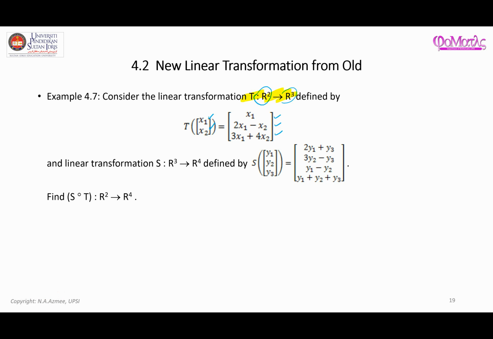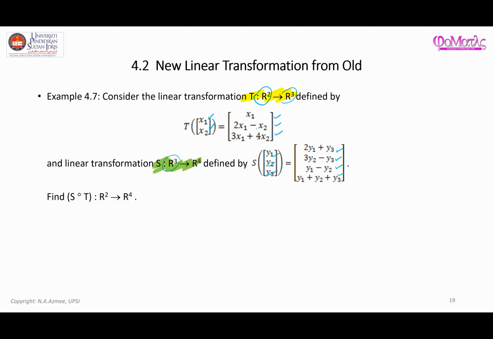And then we have another transformation defined as S. Here the input is a vector space with 3 dimensions. You can see our input here has 3 components, and it will transform this input, and the result is going to have 4 components, a vector space in 4 dimensions.